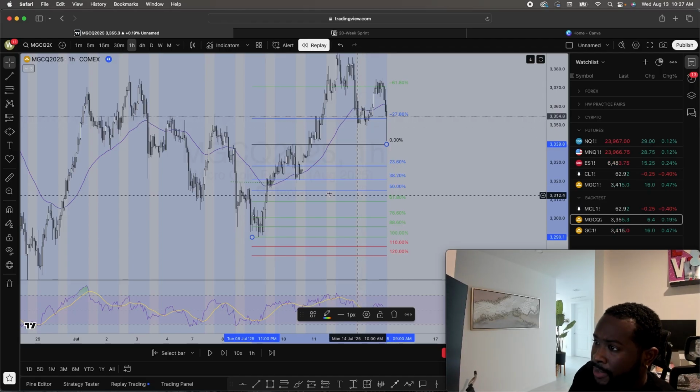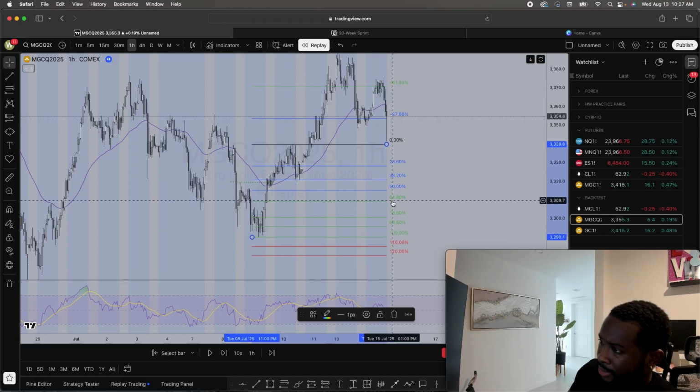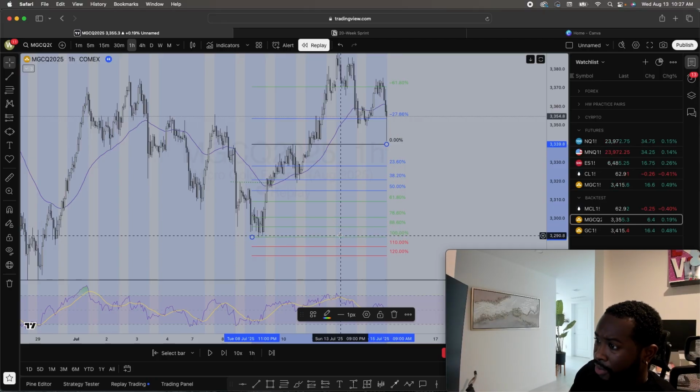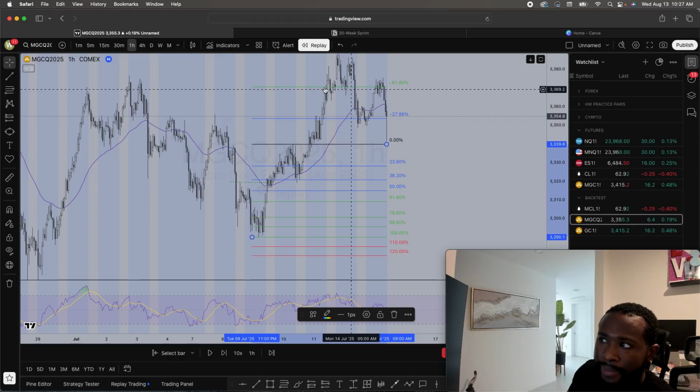But if price pulls all the way back to my 61.8, 78.6, or 88.6, or 100, I am either going to take it up to my negative 27.86 level, or I am going to take it up to the negative 61.8. But I never take it past this level, right?